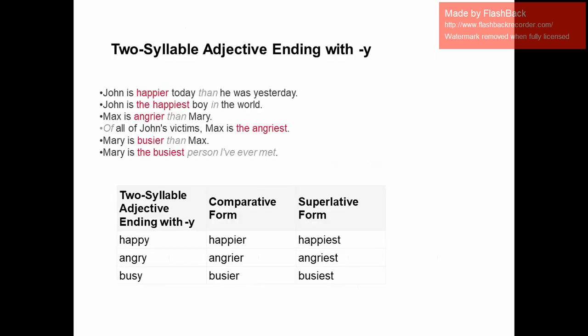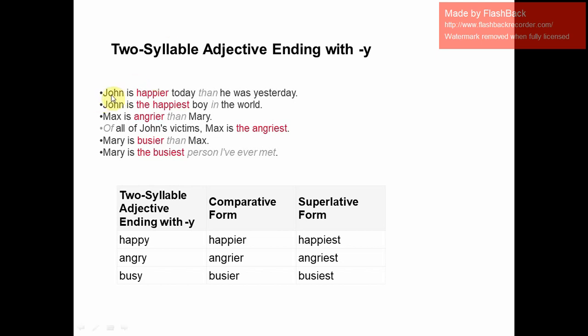Okay. Now the two-syllable adjective ending with y. When I find an adjective that ends in y, to make it a comparative or superlative form, I have firstly to change the y into i, then I add er if I make a comparative form, and est if I make a superlative form.